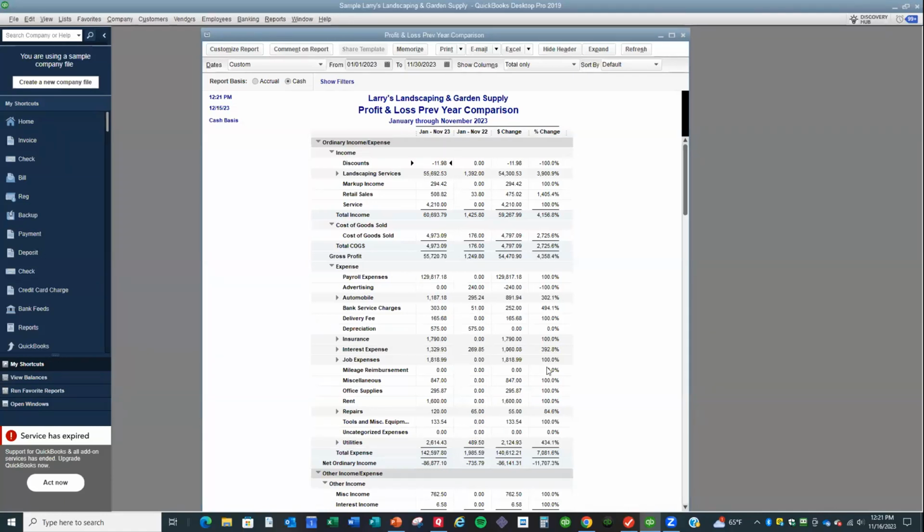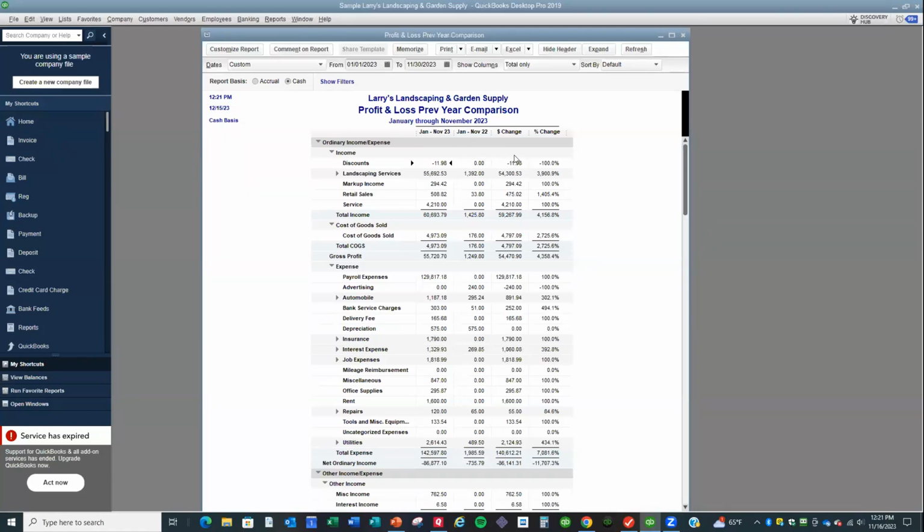Now, unfortunately, in this sample company, they didn't give us 2 full years of data. This starts off sometime in the previous year, so some of these comparisons are really off.